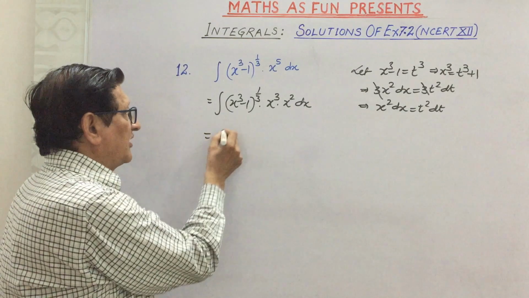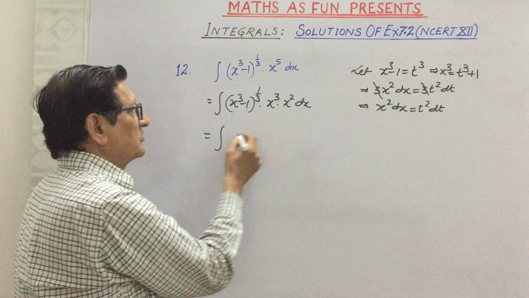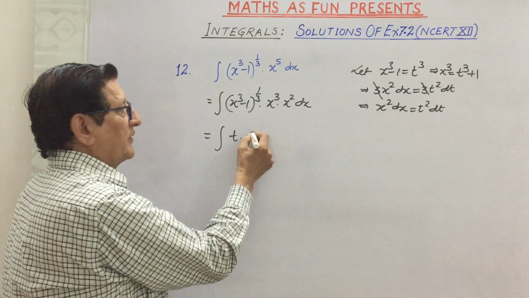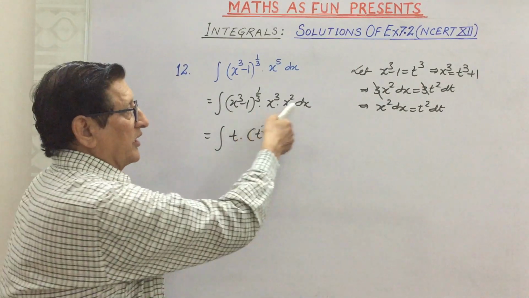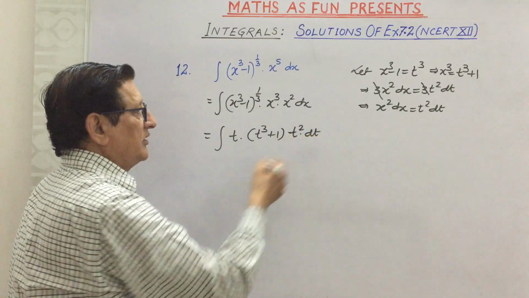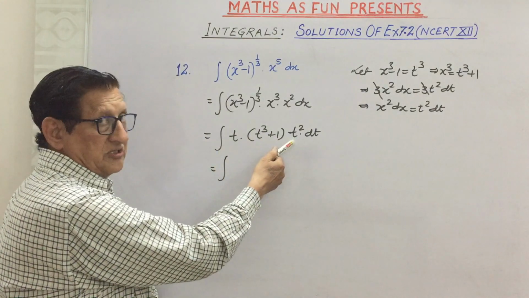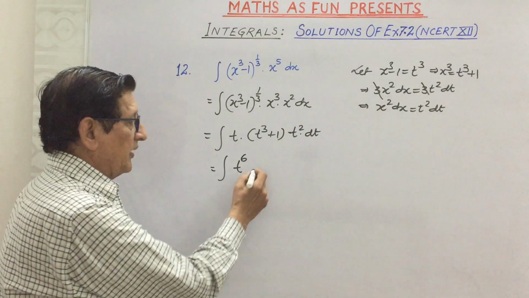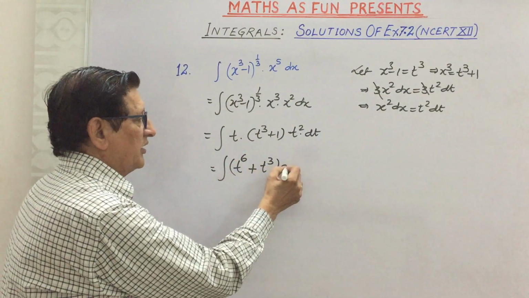So substituting the values, we are getting here x cube minus 1 power 1 upon 3 will be t. X cube will be t cube plus 1. Into x square dx will be t square into dt. Simplifying this, we get t into t square is t cube, into t cube is t power 6, plus t cube into 1 is t cube, into dt.